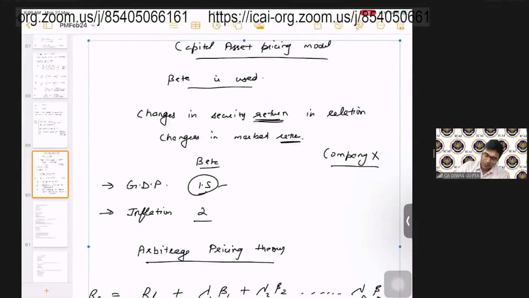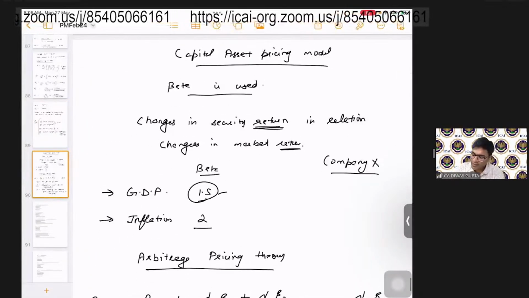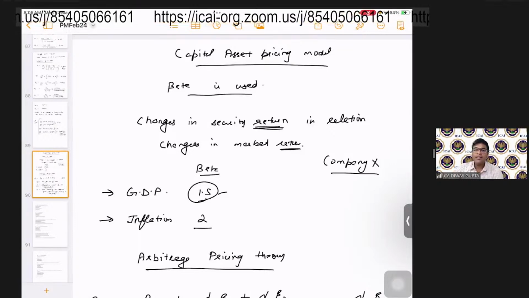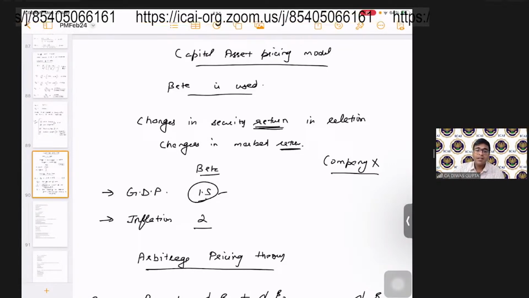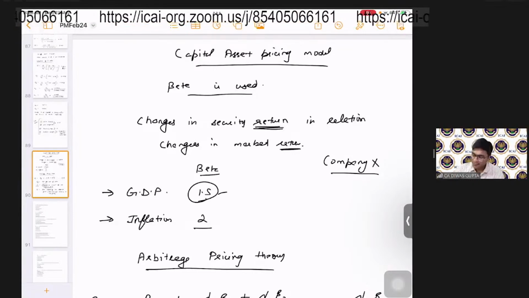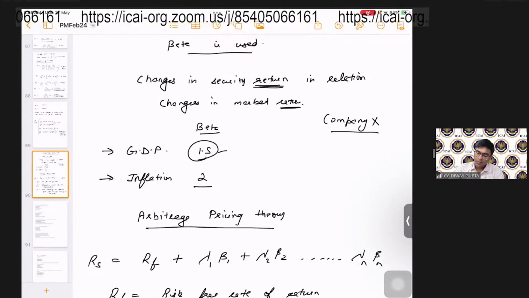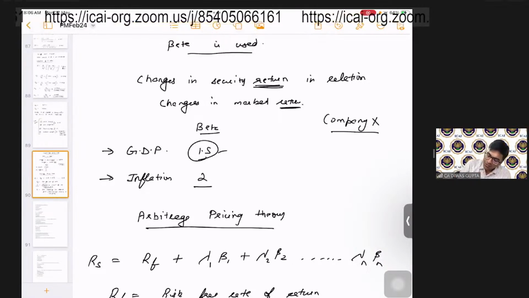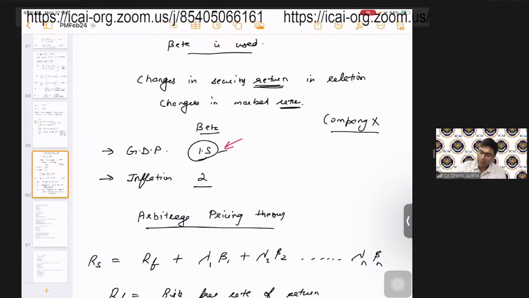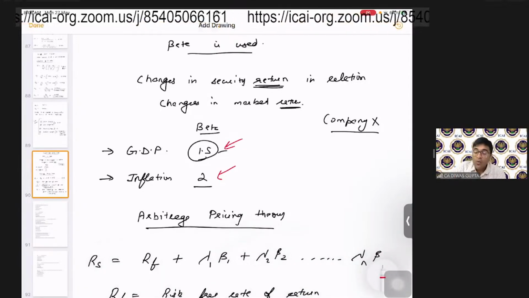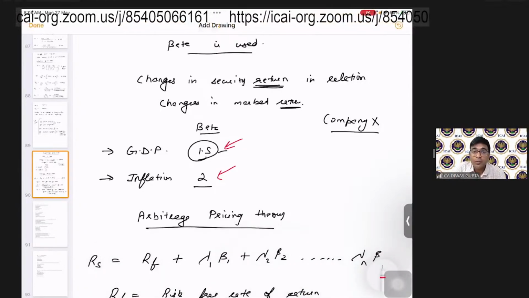Yes, this was another thing which we said: in the capital asset pricing model, beta is used. And what is beta? Beta is the sensitivity of the changes in the security return in relation to that of the market, right? Now, suppose the company's beta in relation to GDP is 1.5 and in relation to inflation is 2. This also can be used.